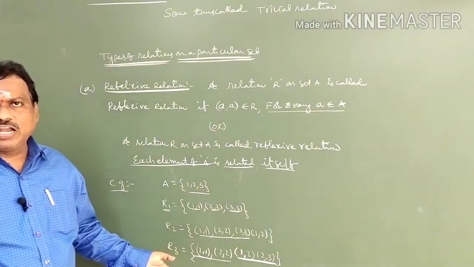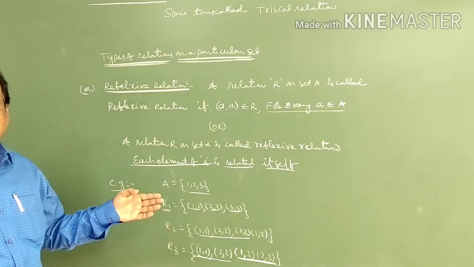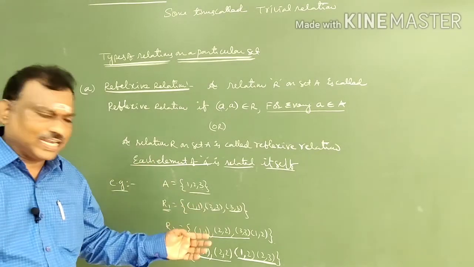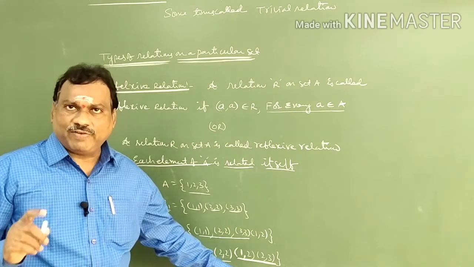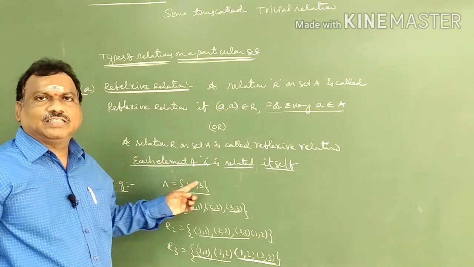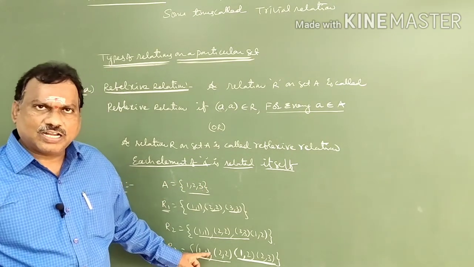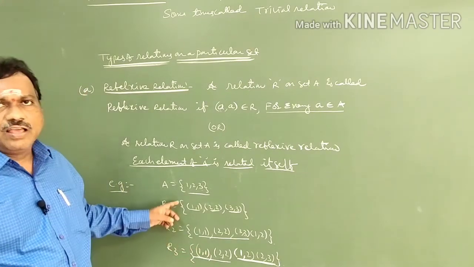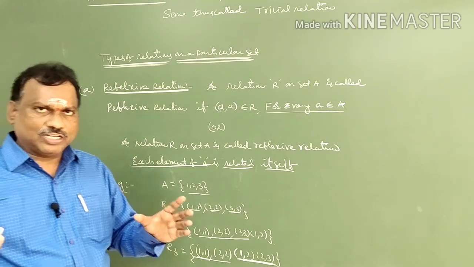Then only we call it reflexive. So by observing R1, R2, R3: R1 and R2 are reflexive relations, whereas R3 is not, because 3 belongs to the set but (3, 3) is not in R3. I think you understood clearly.